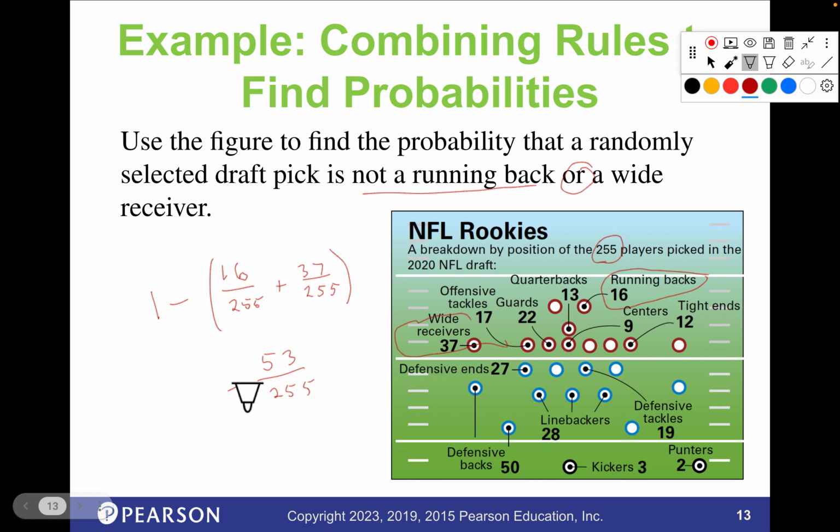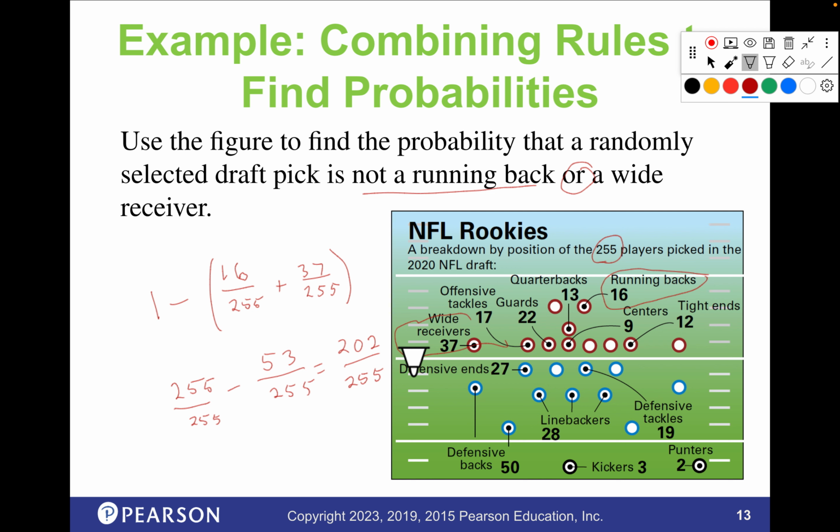And the way to write 1 as a fraction will be 255 out of 255. And so now we can easily subtract the 53 from the 255 and say that's 202 out of 255. Which can also be written as a decimal or a percentage.